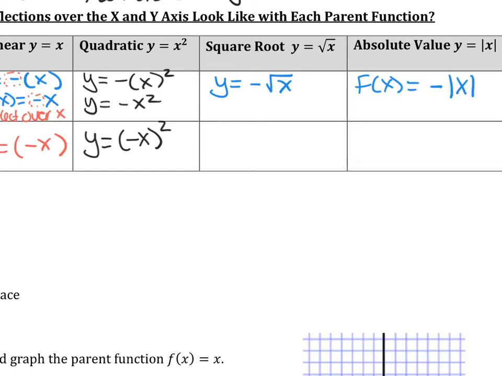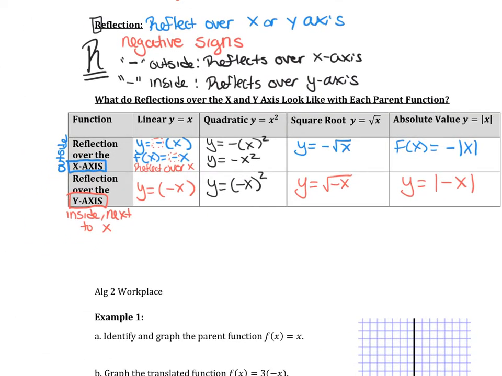And then with square root and absolute value, the negative sign would just be underneath or inside of those symbols right next to x. So y equals square root of negative x, or y equals absolute value of negative x. Okay, so again, stretches and shrinks are positive numbers that are being multiplied. Reflections are any negative signs that we're dealing with.